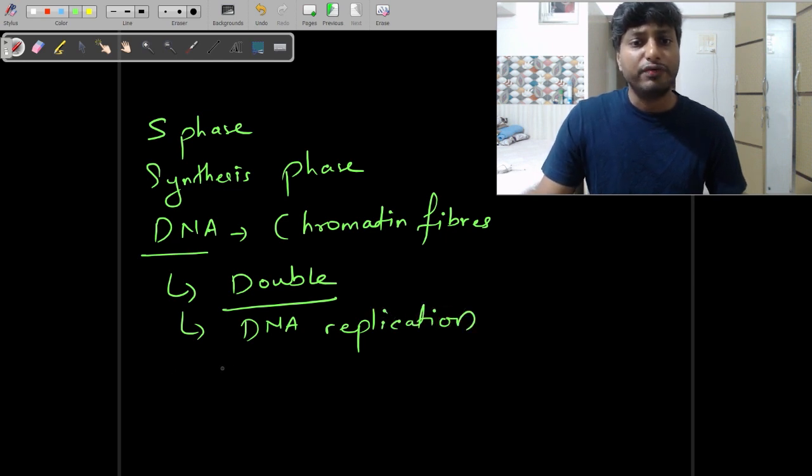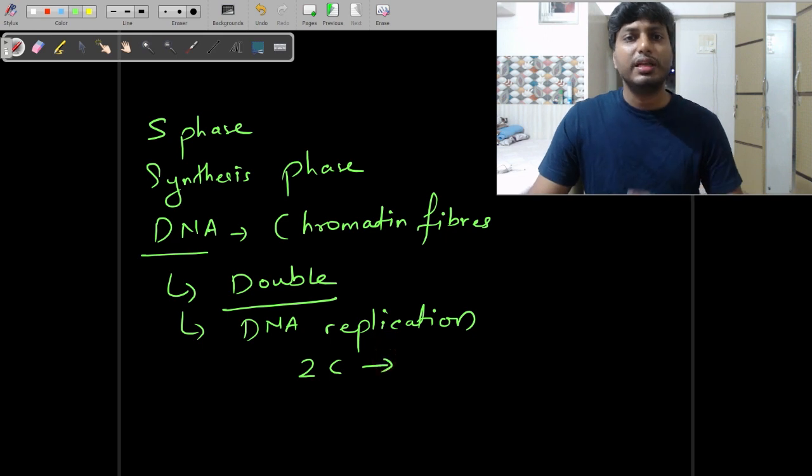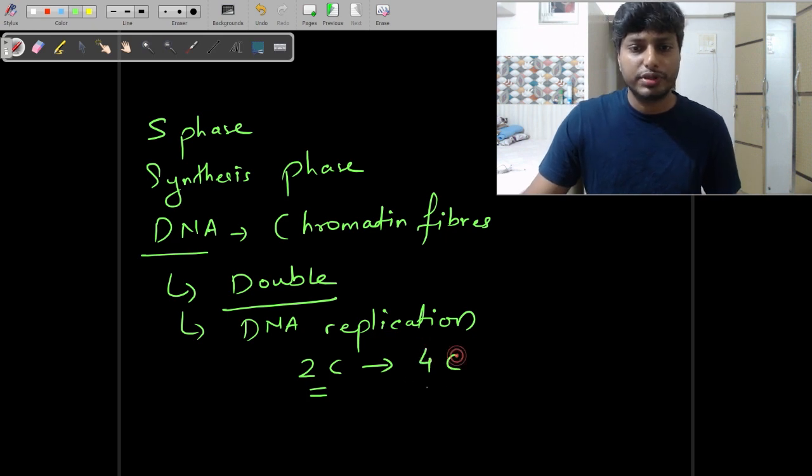Dear students, apart from DNA getting doubled, when we talk about the content of the DNA, as we said, the DNA originally is 2C in content. That means the original DNA content of the cell, let's say suppose, is 2C, then during the interphase, specifically during the S phase, it is going to become 4C.